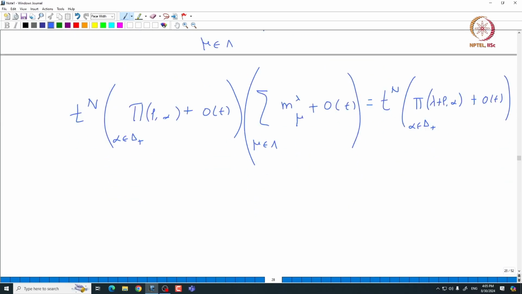Now you can cancel this t power n on both sides and then set t goes to 0.